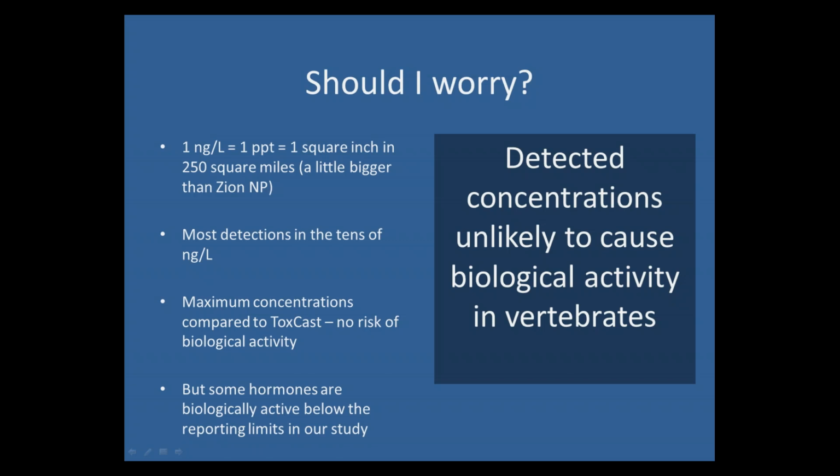And so to get at this, we worked with the EPA's Office of Research and Development, and specifically Brett Blackwell, to compare the maximum concentrations in our data set to the ToxCast database. Now, unlike benchmarks and a lot of toxicity information, which focuses on basically when organisms start to die, so mortality level effects, ToxCast is a bioassay of a huge variety of cellular endpoints.